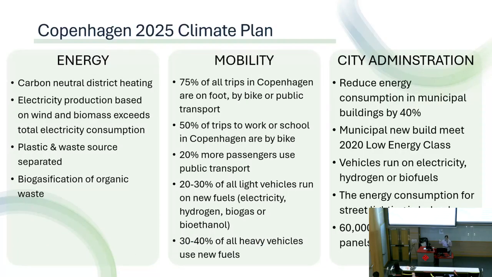In energy, carbon neutral district heating is something that they did quite well. They introduced district cooling quite early on. In Hong Kong, we're still trying to do that. Electricity production, as I said before, they've got great wind locations. They can build wind farms.